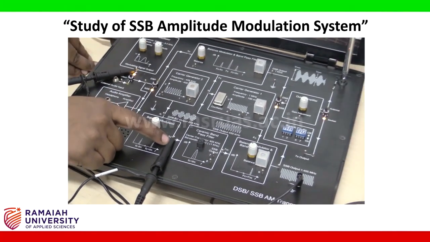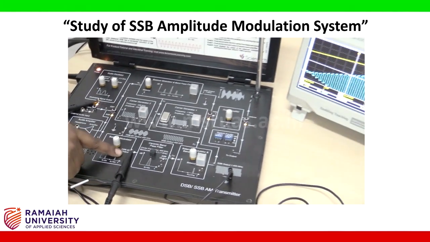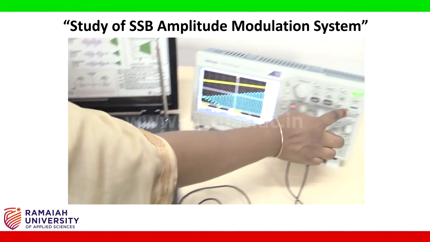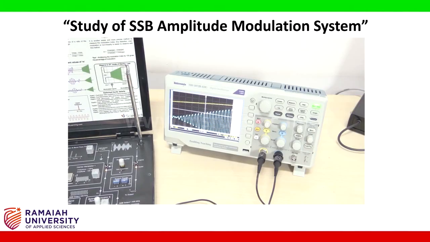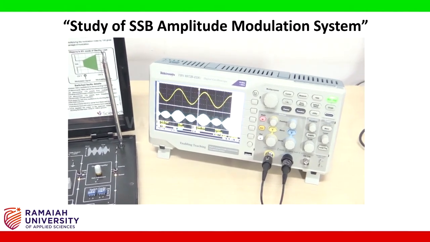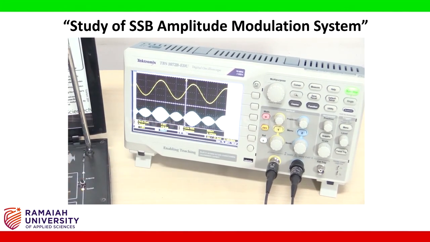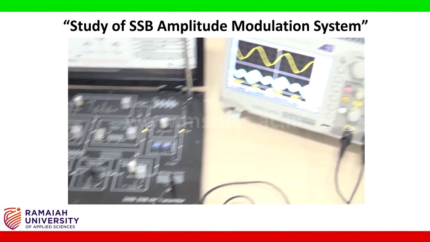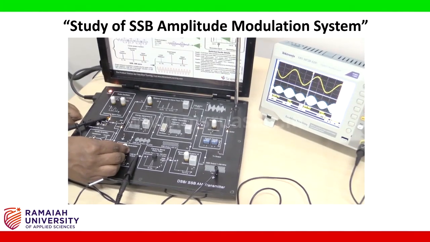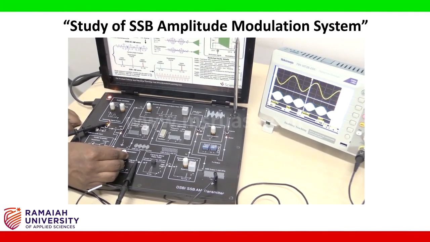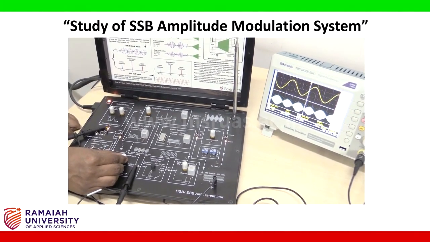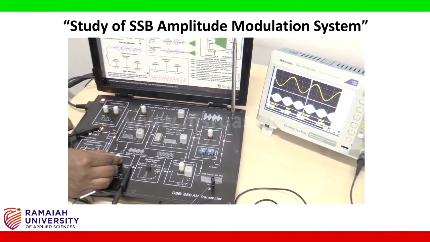After connecting this here, first press auto set in the CRO. You can observe that there is an over-modulated, amplitude modulated wave here. Now by adjusting the balance, we can change the waveform. So now this is 100% modulation.